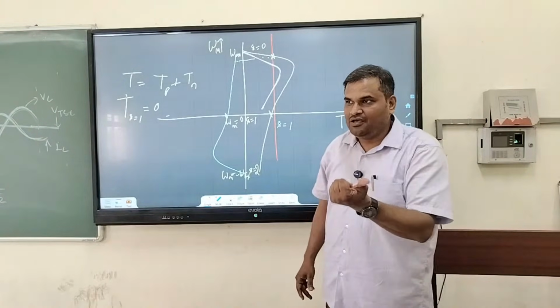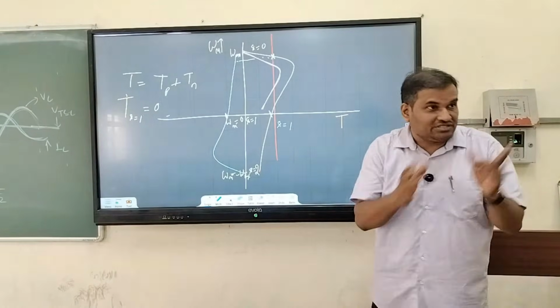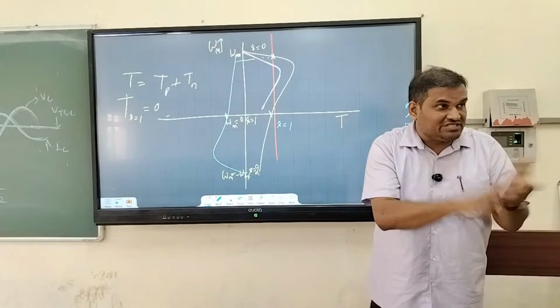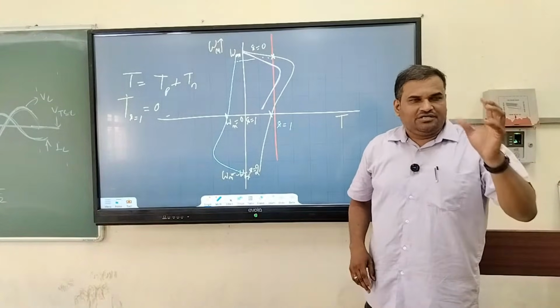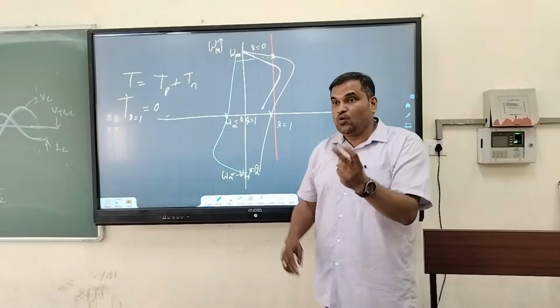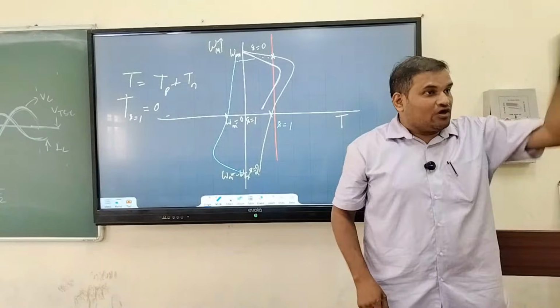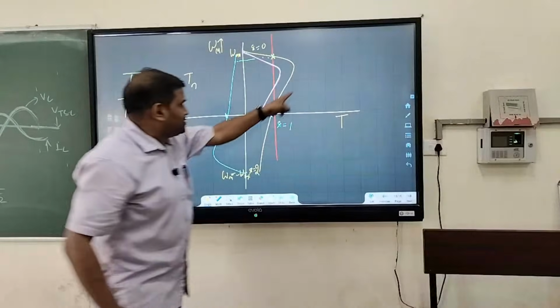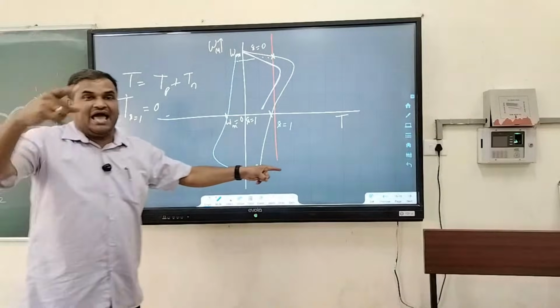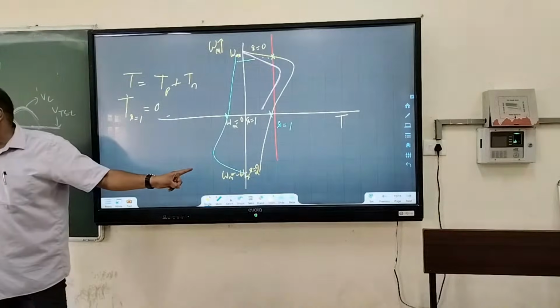कैसे होता है? क्योंकि if a single phase supply is there, it is a single phase induction motor. If you give a single phase supply, it can be resolved into two synchronous fluxes, one rotating clockwise, one rotating anti-clockwise. The clockwise will create a speed torque characteristic like the yellow line, and the anti-clockwise will create a speed torque characteristic like the blue line.